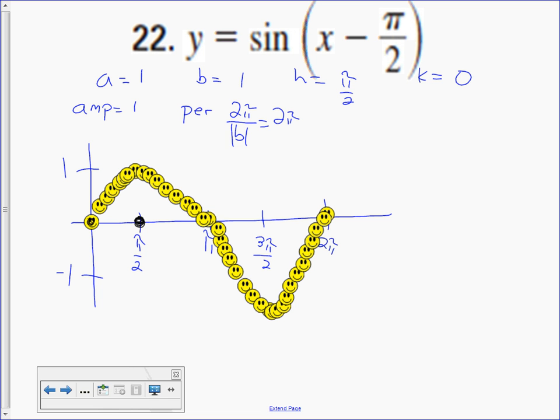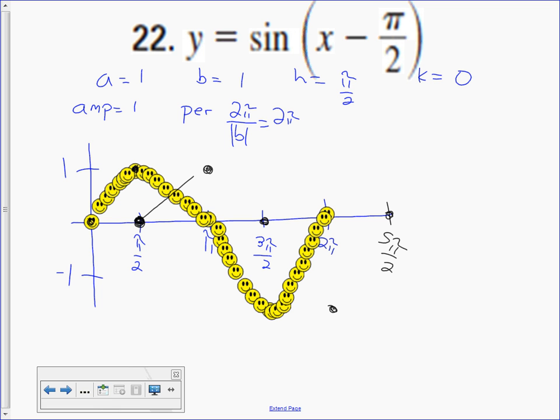This one went from 0 to pi over 2, so this one goes from pi over 2 to pi, and so on. What's my ending spot now? Well, this would be 2 pi. Very good, 5 pi over 2. Remember, I'm adding pi over 2 to each point.